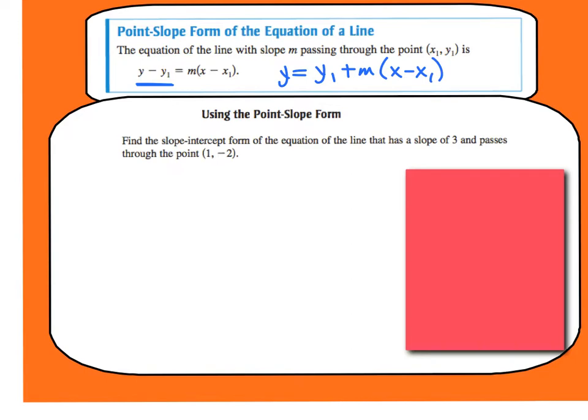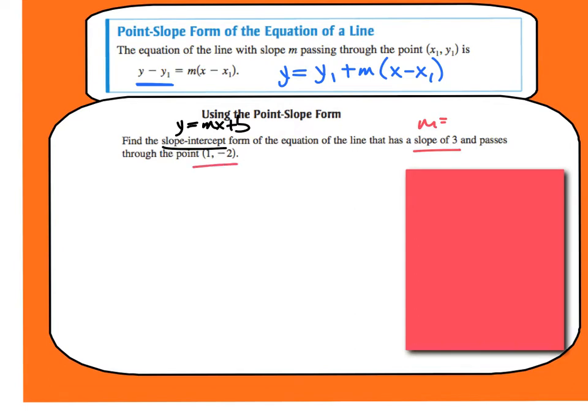So here we go. I'm going to write the slope-intercept form, which is y equals mx plus b. Now, an equation of a line that has a slope of 3, so that's your m, and a point, 1, -2.